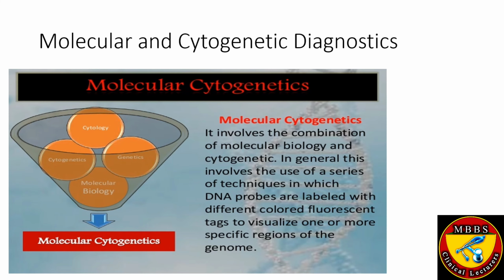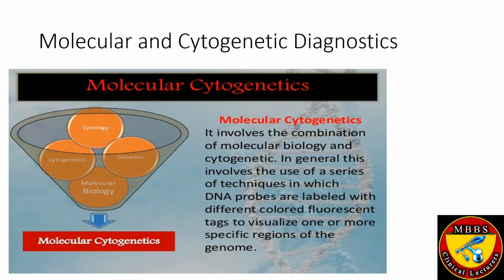Okay, there are several techniques which are used for the diagnosis of the tumor, but the molecular and cytogenetic techniques are also used for the diagnosis of the tumor, and these are very useful in predicting the behavior of the tumor.